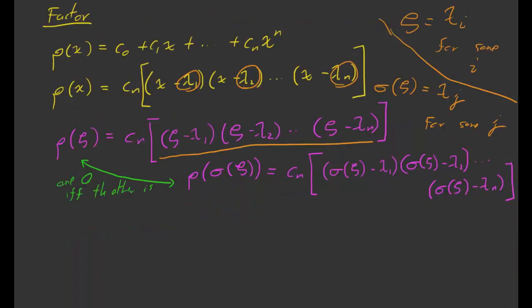So that's so important, let me write it down: sigma must be permuting the set of the lambda i. And that's a perspective which is worth having too. All right, so those are the two remarks I wanted to make.